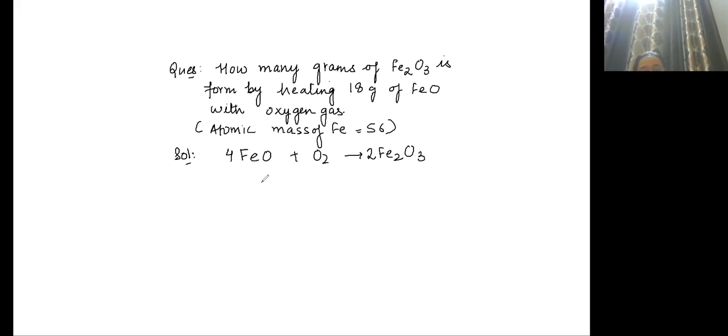So how to do this? Moles of FeO by 4 is equals to moles of Fe2O3 by 2.